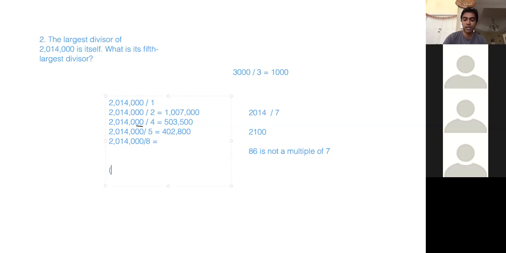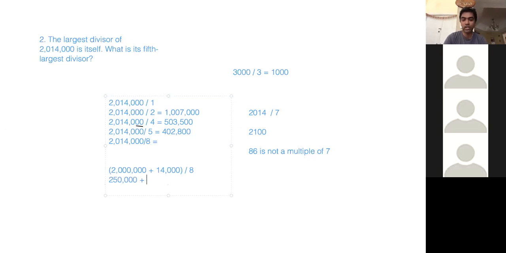One way of thinking about this division is splitting 2,014,000 as 2 million plus 14,000, divided by 8. So what is 2 million divided by 8? Or let's start with what's 2 million divided by 4. Oh, well, divided by 8 is 250,000. Good.